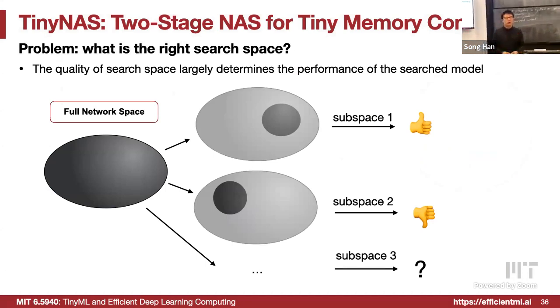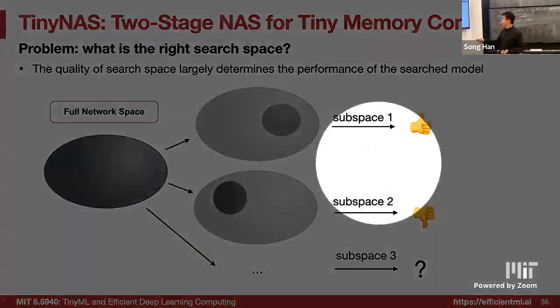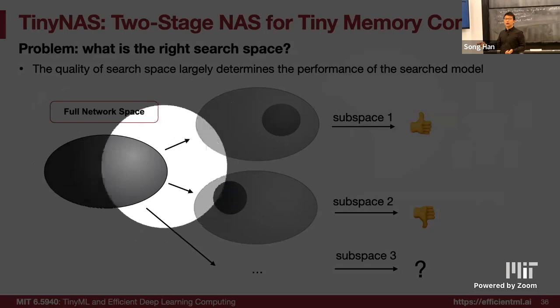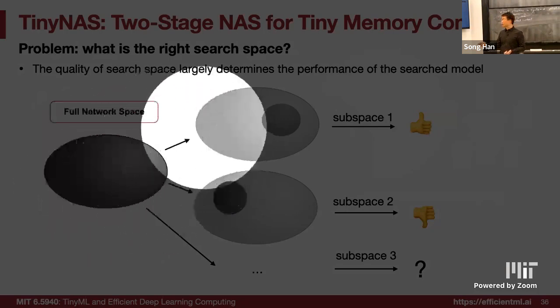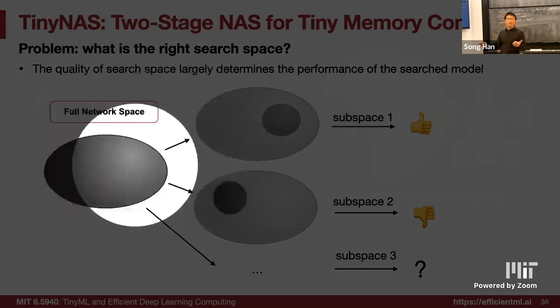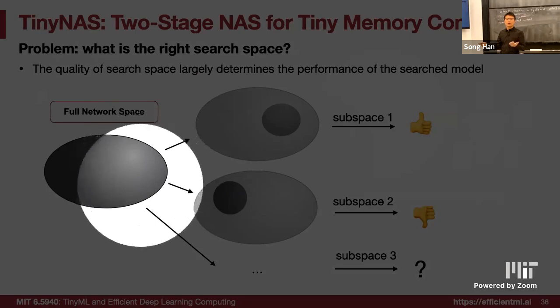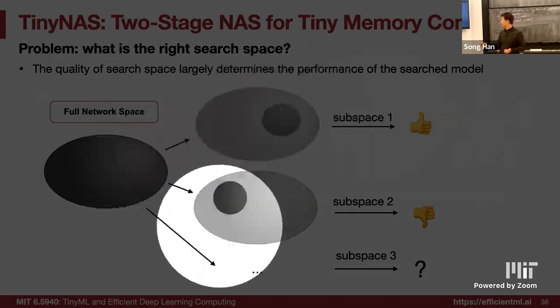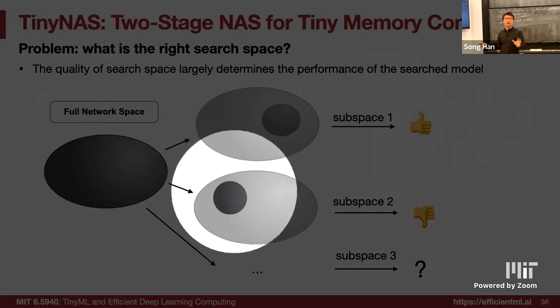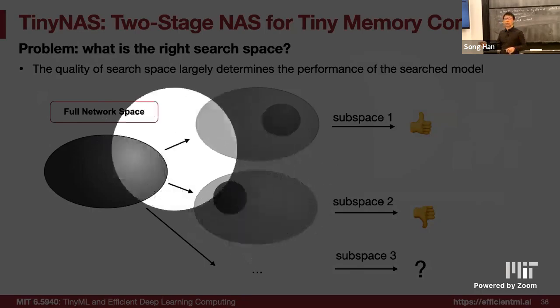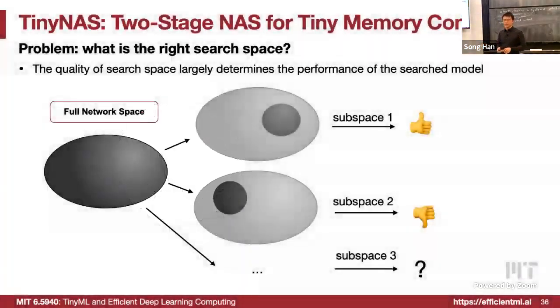When we are doing the search, we need a good search space, right? Like finding a friend in a forest, the forest is pretty large. We want to first narrow down the possible areas, for example here or here, before we do the exploration. So the quality of the search space largely determines the performance of the searched model.